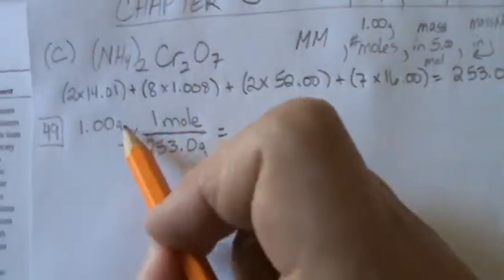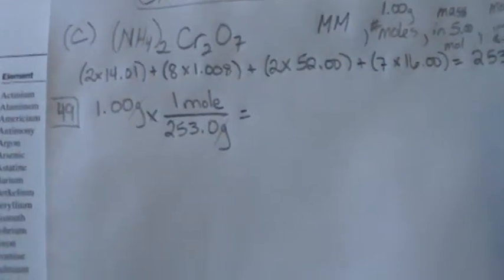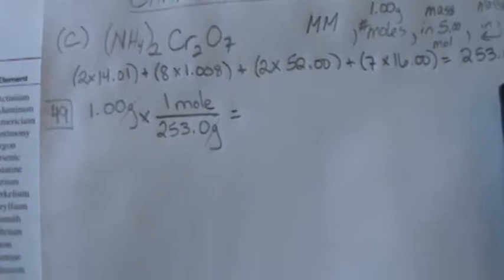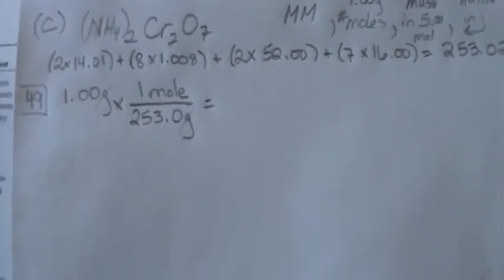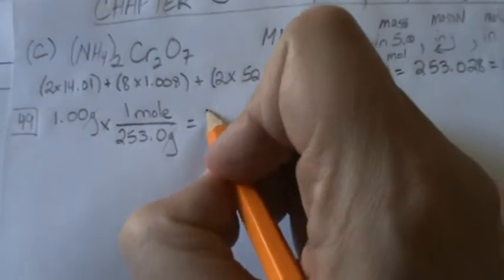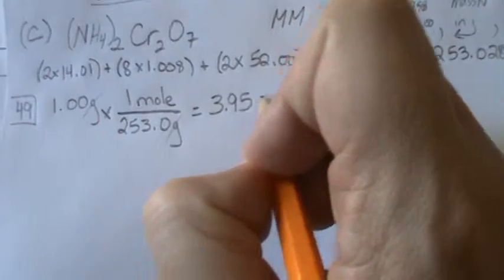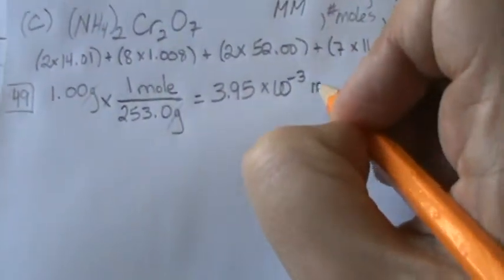I just want a number of moles, so I can cancel out my grams. So 1 divided by 253, and I can have 3 significant figures here, so 3.95 times 10 to the -3rd moles.